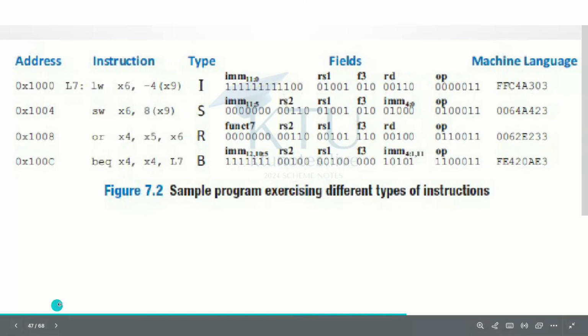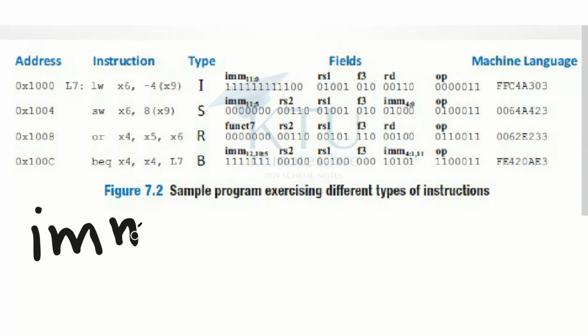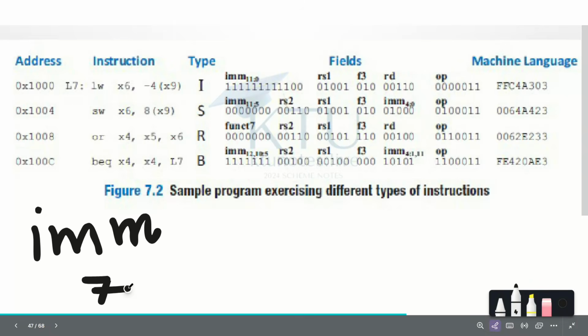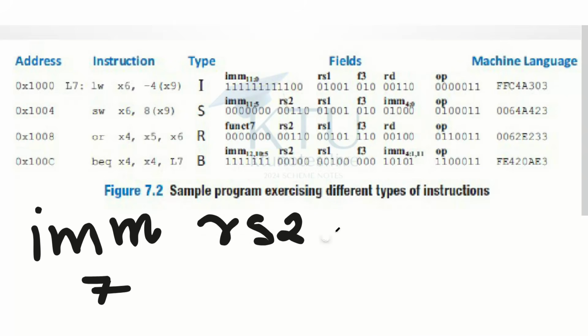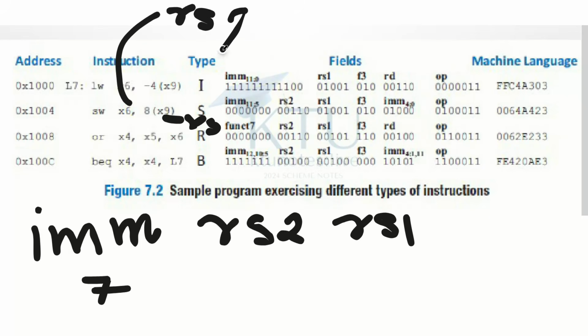So what was the store's format? Do you guys remember? There are immediate bits in store, but it is split. The first 7 bits are here. Then you have RS2 and RS1 values, the two source registers, this is our RS1 and this was our RS2. Then function 3 values are there.